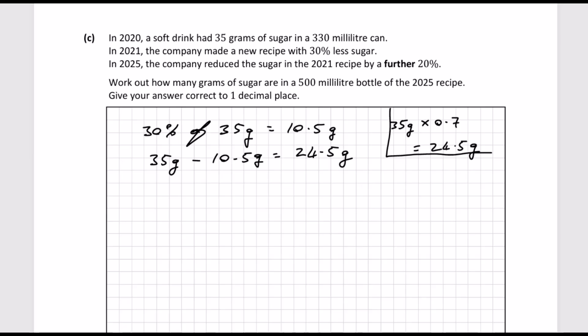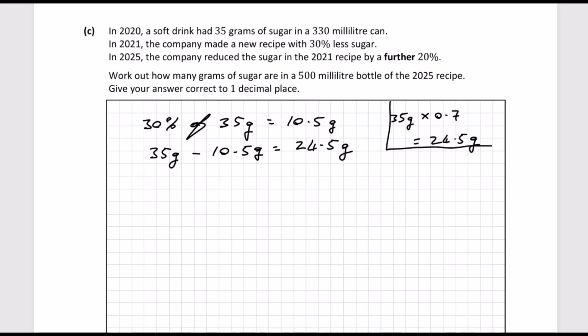Okay, so in 2025, the company reduced the sugar in the 2021 recipe by a further 20%. So in other words, we've got to take the 24.5 grams that we got here and reduce that by a further 20%. I'll do it the longer way first anyway.